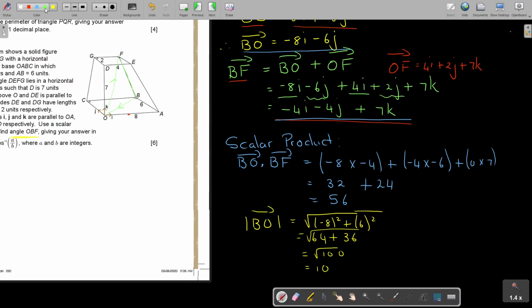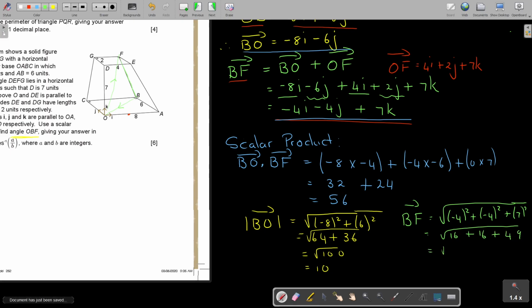And now I'm going to find the magnitude of BF. And that is going to be negative 4 squared plus negative 4 squared plus 7 squared. And that is going to be 16 plus 16 plus 49.